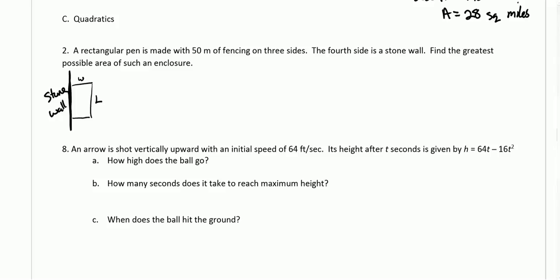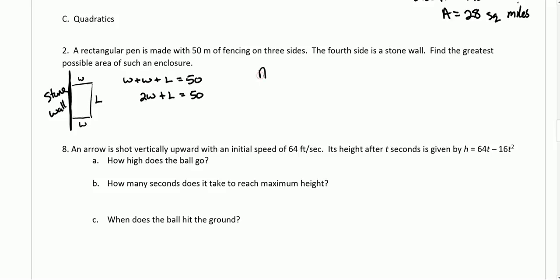So in the perimeter of this fence, we know that W plus W plus L has got to be our 50 meters of fencing, or 2W plus L is 50. We want the greatest possible area.